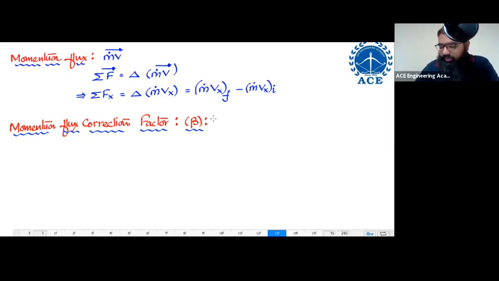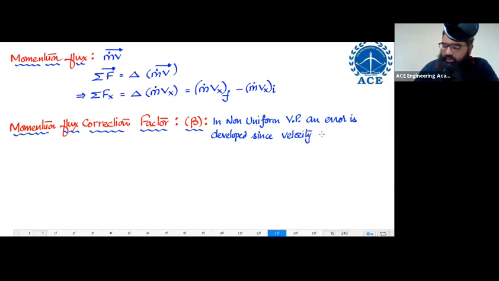So you can say in a non-uniform velocity profile, an error is induced, since velocity corresponds to the average at the section.